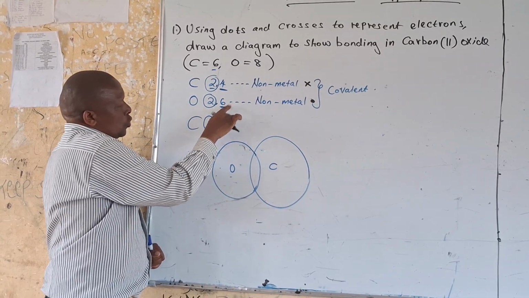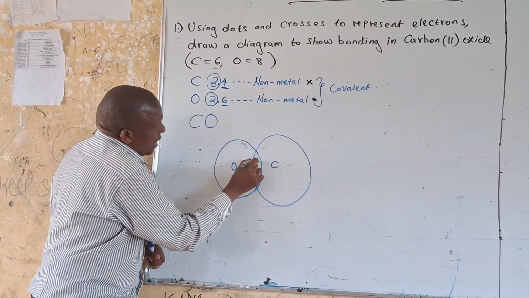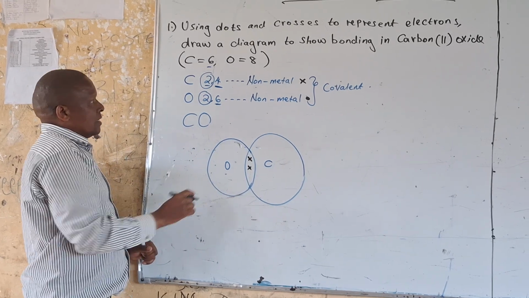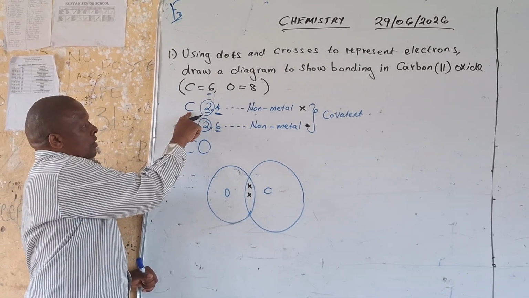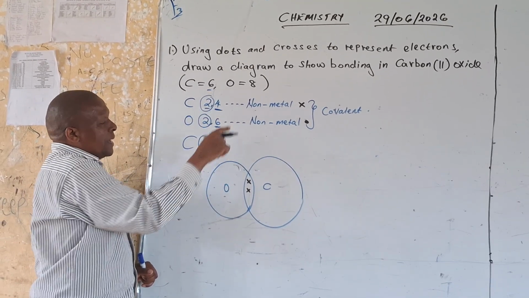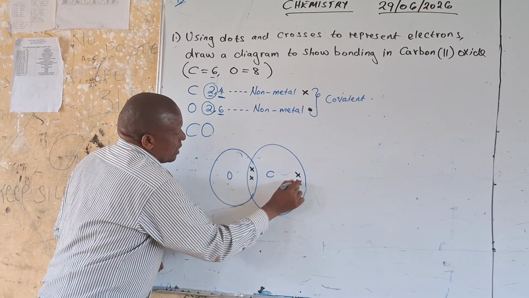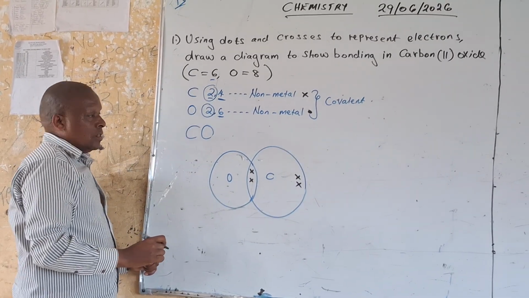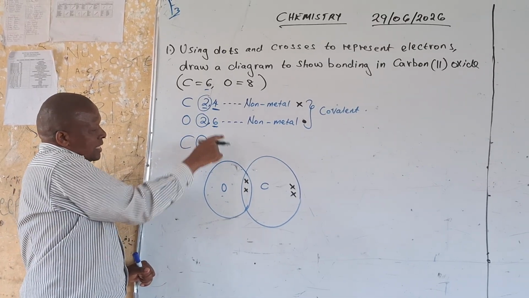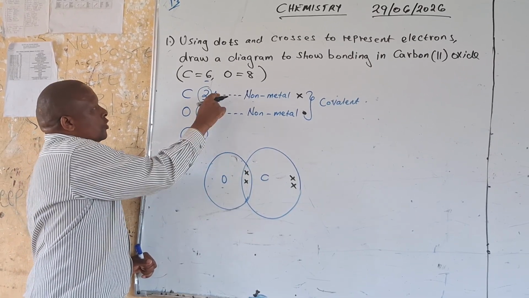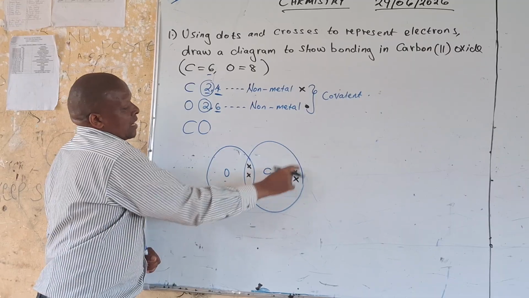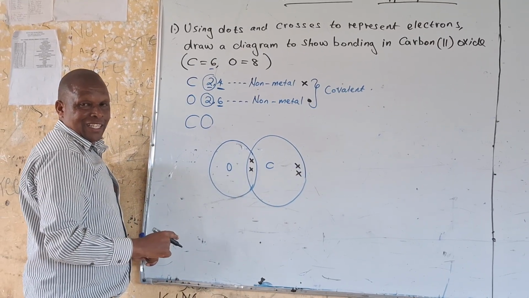How many? 2 in the shared part here, 1, 2, like that. Of which element? Carbon. So we have already written 2. How many are remaining? 2. So the remaining 2, you take to carbon like that. Are you seeing that? Yes. So the 2 which were required by oxygen are the ones in the middle, and the 2 which have not been used remain in carbon.